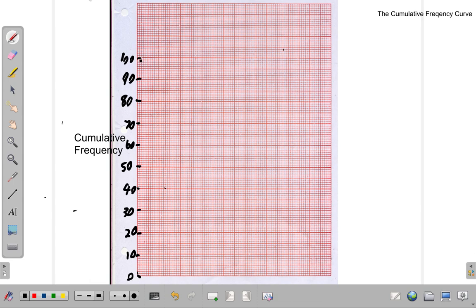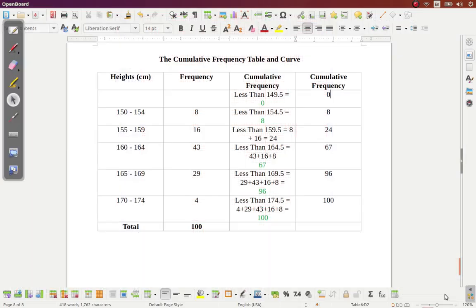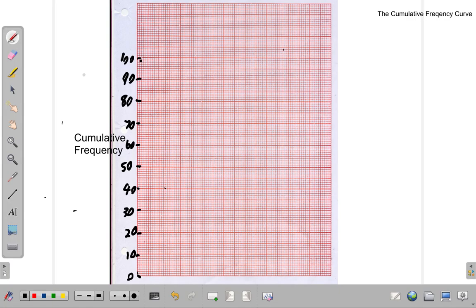Now, what were the numbers on the x-axis again? From 150 to 174. All right, from 150 to 174. The issue is this: if we are going from 0 up to 174, let's use 175. That's a neat, clean number. Going in steps of 5 or 10 would be neater than stopping at 174.